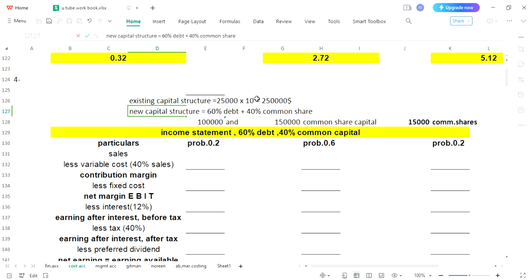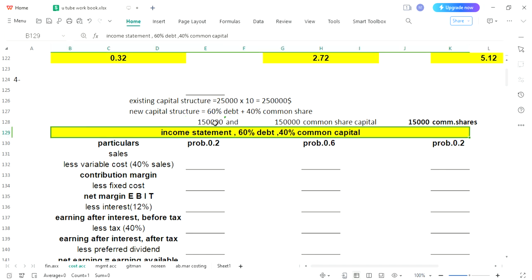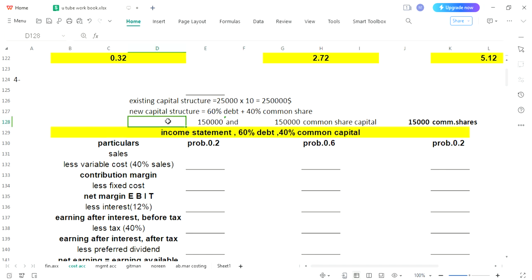Let's calculate. If total capital structure is $250,000, then we will see how much is 60%. So here you will calculate 60%. This would be your debt. 150,000 would be considered your debt, and common stock would be 40%.